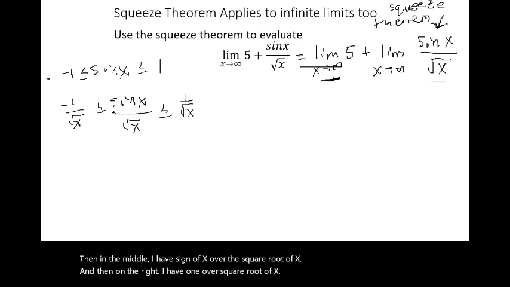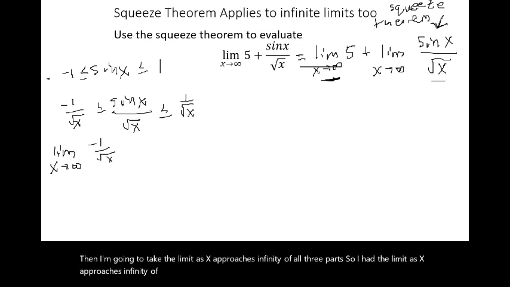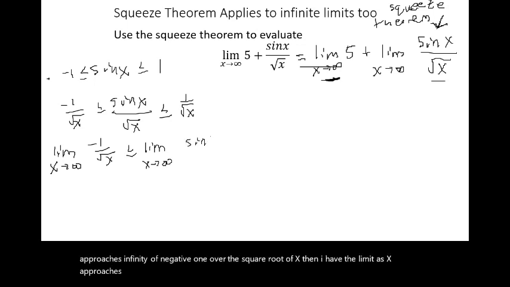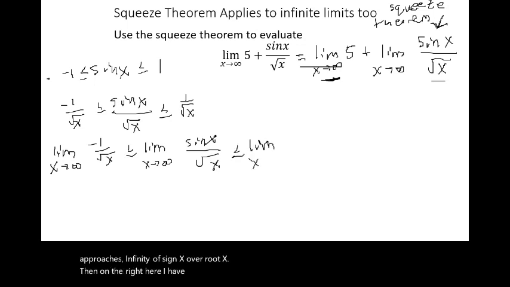Then I'm going to take the limit as x approaches infinity of all three parts. So I have the limit as x approaches infinity of -1 over the square root of x, then the limit as x approaches infinity of sine x over root x, and on the right, the limit as x approaches infinity of +1 over square root of x.